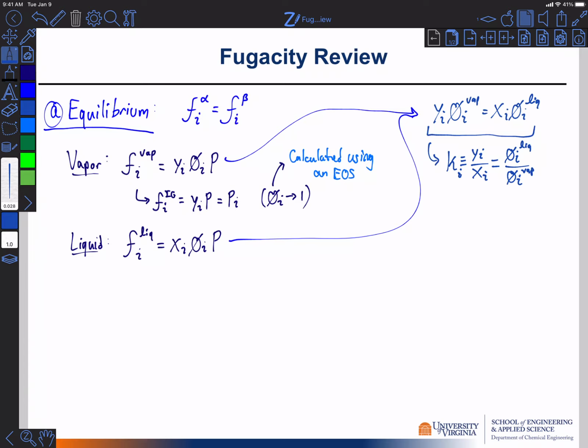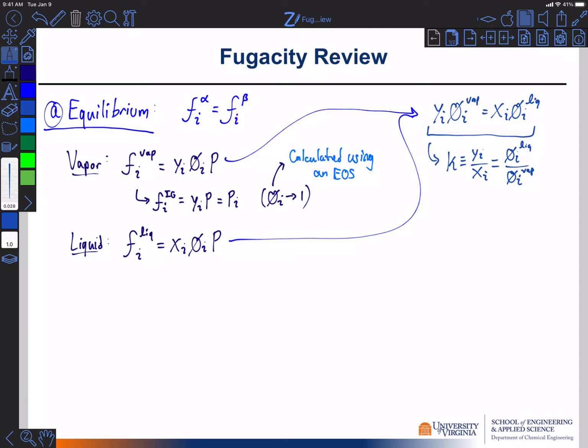So if we have expressions for the fugacity coefficients for the liquid and the vapor, then we could also come up with an expression for the K value in terms of the phi-phi method that we've talked about.